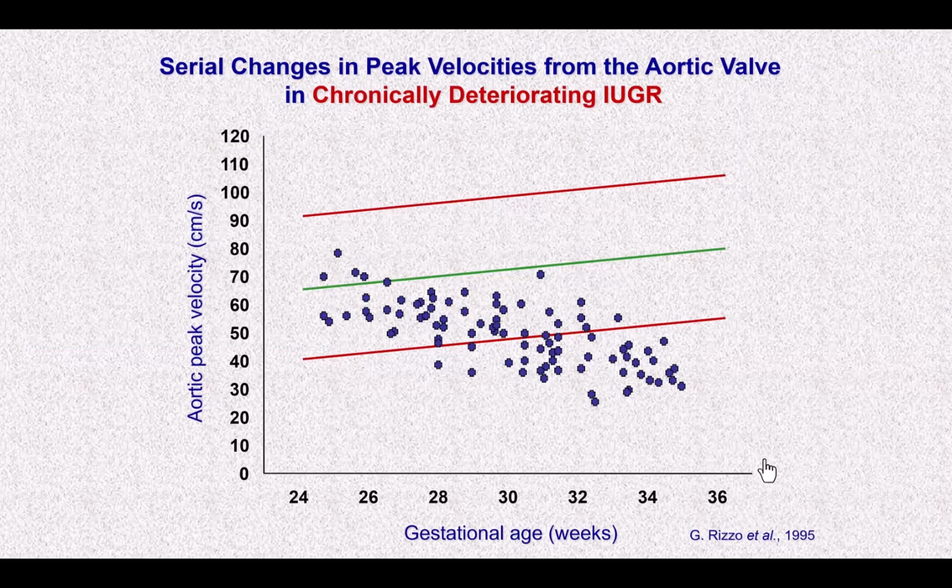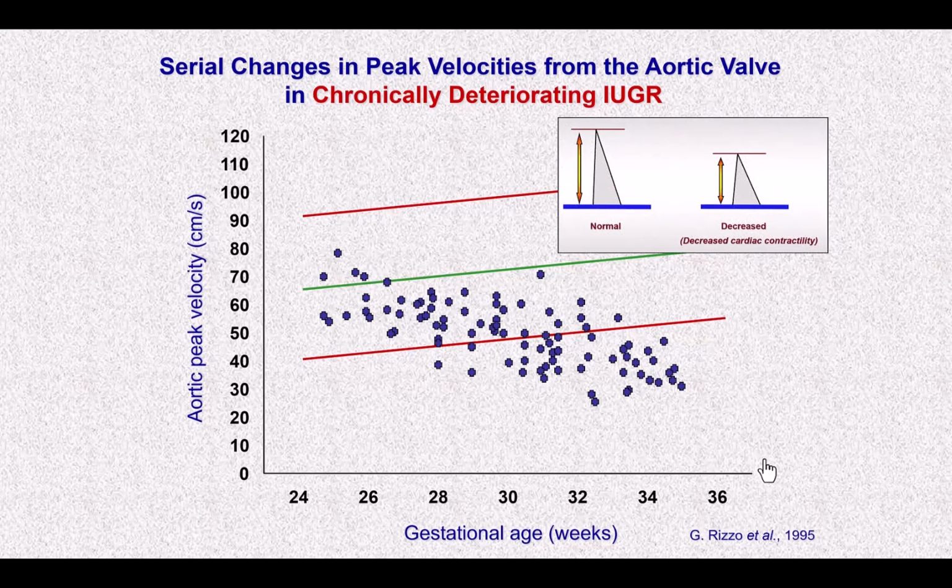If we look into the hemodynamics in the heart, and if we look into the aortic valve, we can see that there is a reduction of peak velocity. Now we are talking not about time to peak velocity, but about peak velocity.